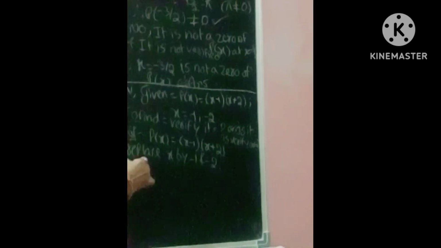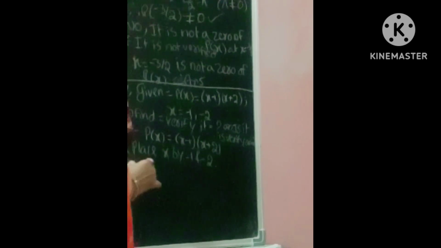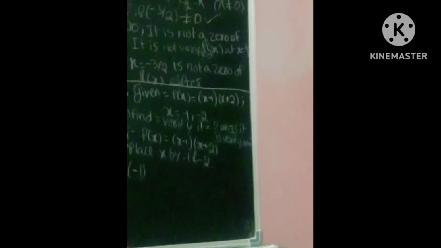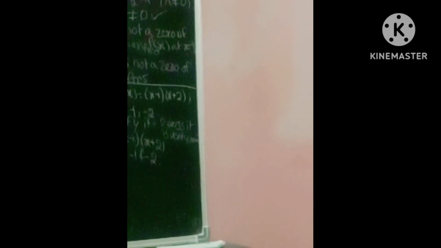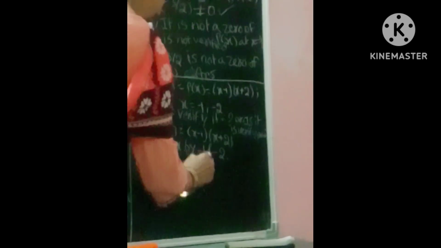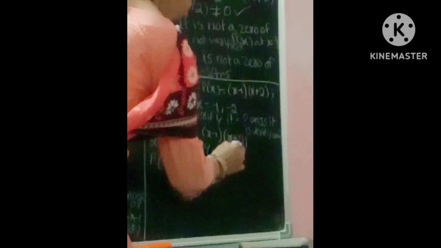First, substitute x equals minus 1 in the above polynomial. What do we get as the answer? Is it 0 or not? We get 0 only if it is a zero of the polynomial, otherwise no. Substituting, x in place of minus 1 into x plus 2.